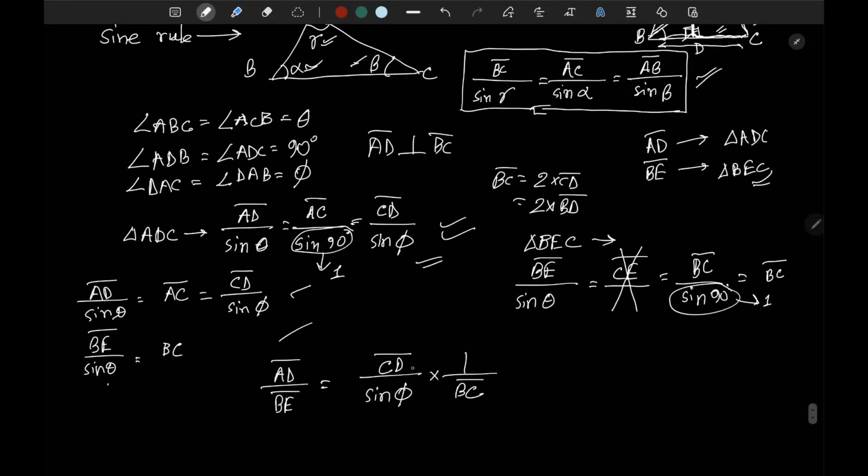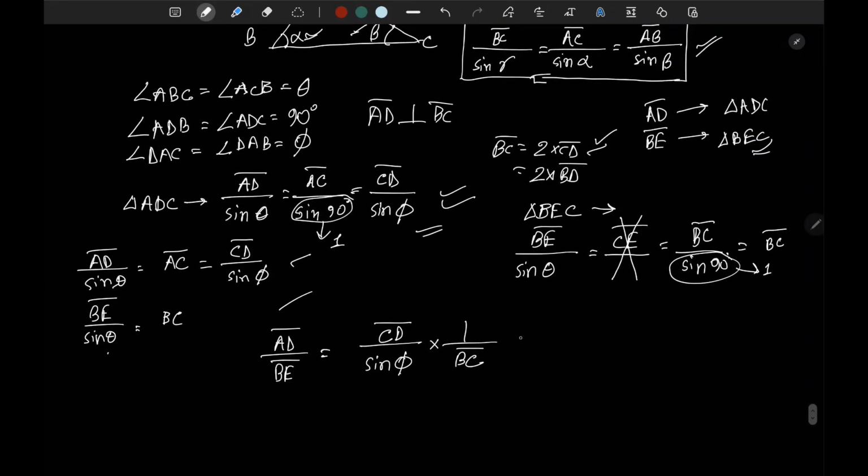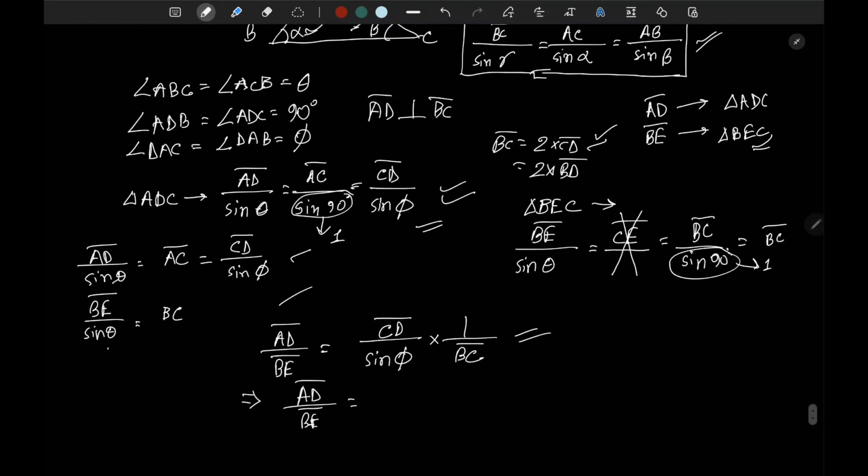We have a relationship between CD and BC, this particular one, but we don't know anything about the side AC, so we will proceed with this particular thing. Okay, so from here we will have what? AD by BE equal to your CD by BC, which is nothing but 1 by 2. So this is 1 by 2 sine phi.